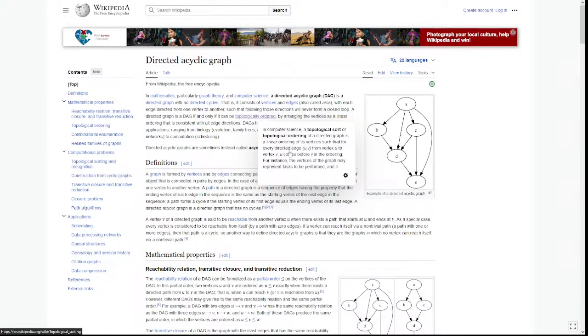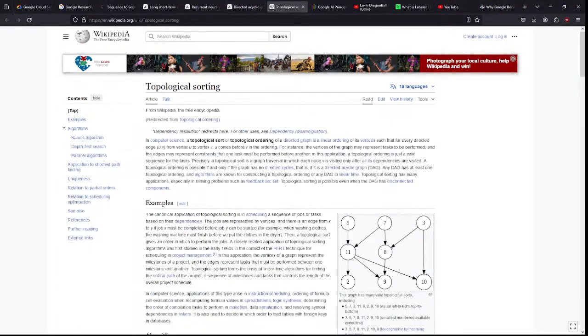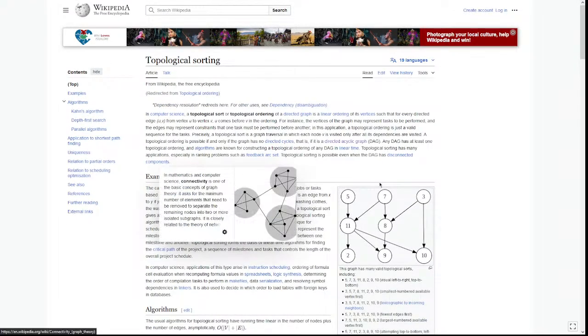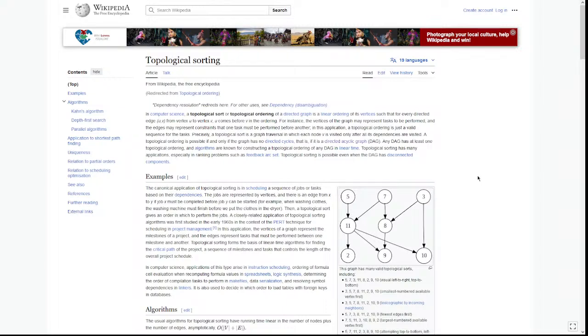A topological ordering of a directed graph is a linear ordering of its vertices such that for every directed edge UV from vertex U to vertex V, U comes before V in the ordering.